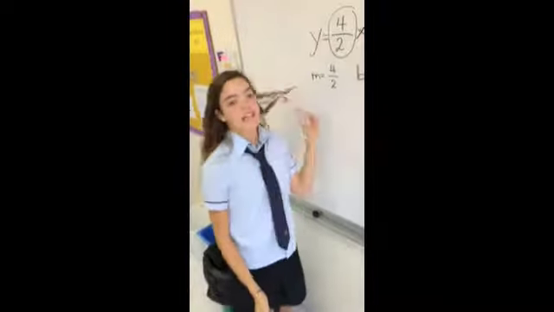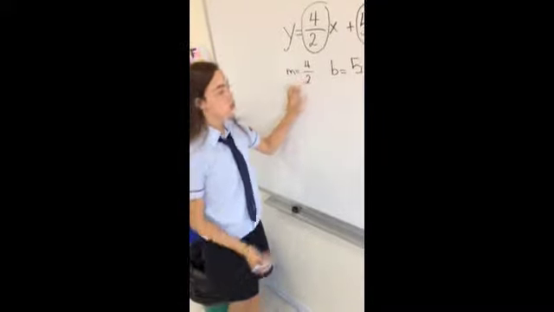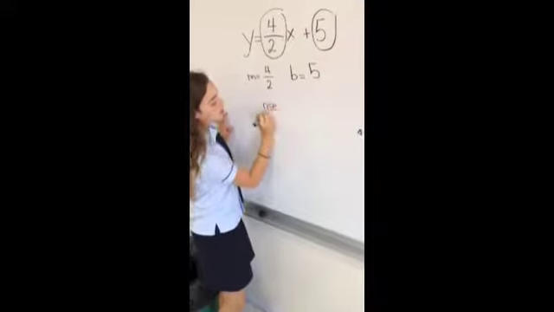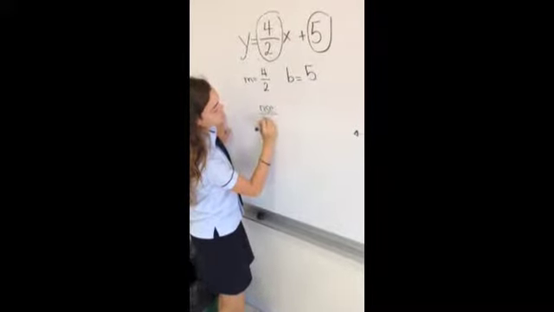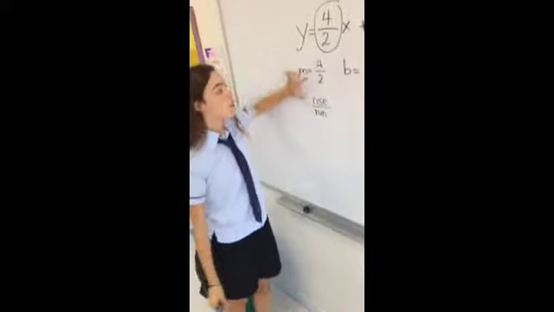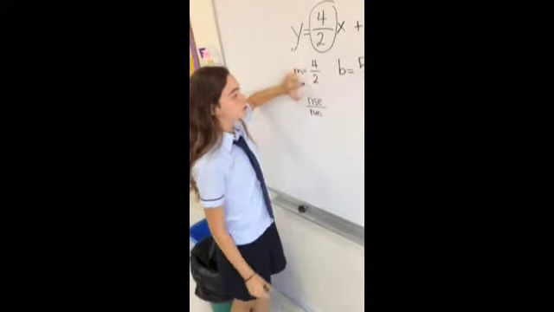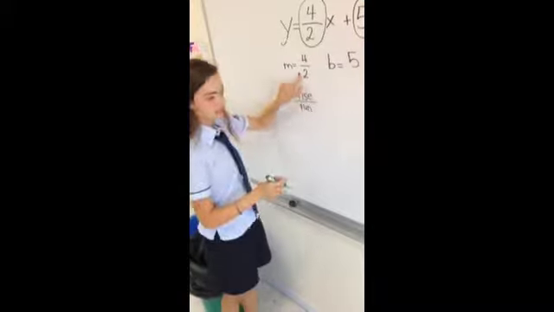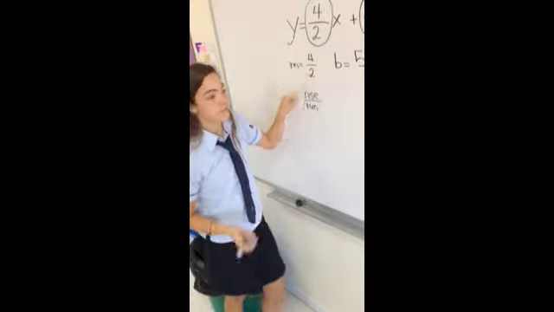And our slope is 4 over 2. So what we do is rise over run. So first I need to rise 4 and go over to the right side since this is a positive slope, since this is a positive 2.